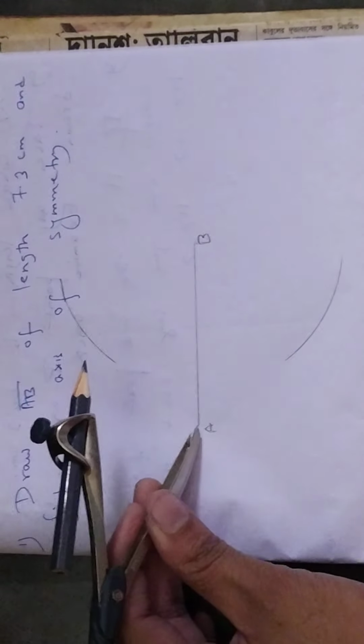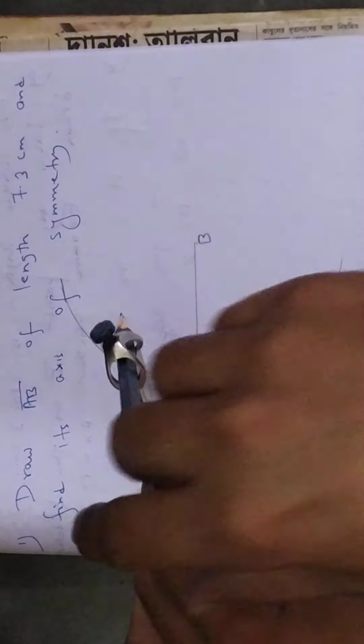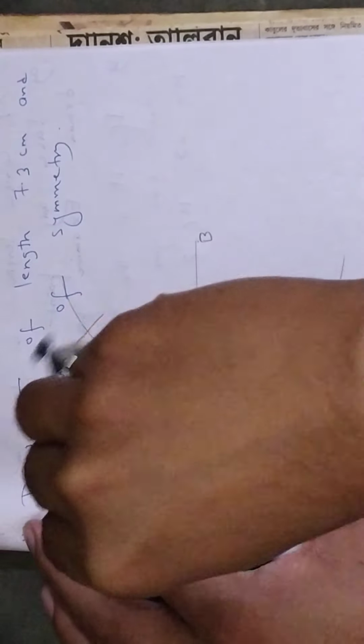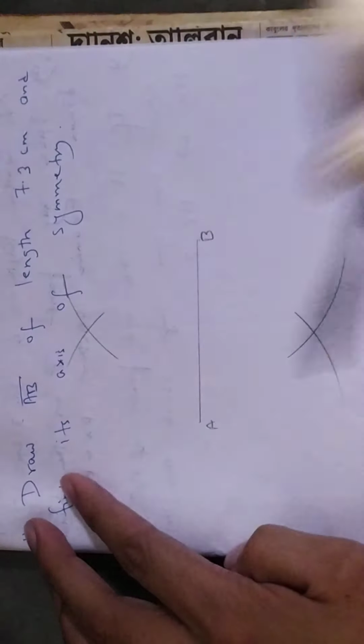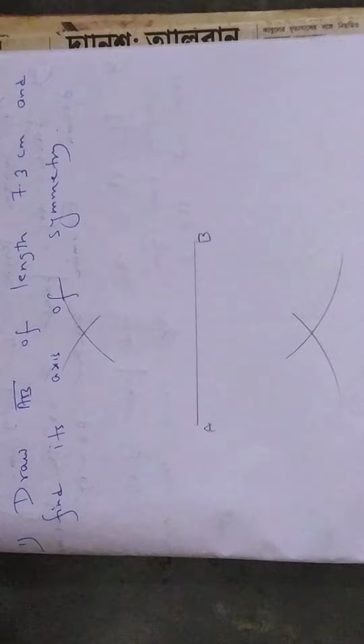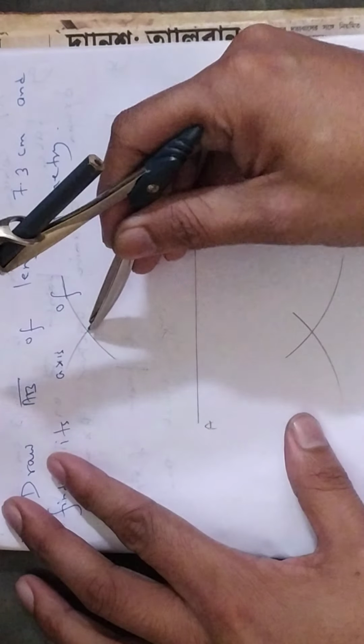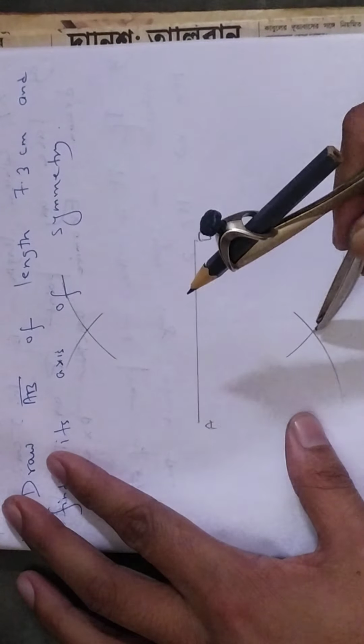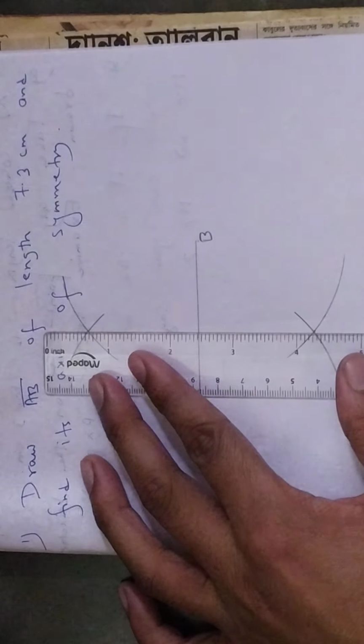Now again you have to put your compass at point A. Another arc and another arc, this one. So these two arcs are intersecting at this point and here, and you join these 2 points with the help of scale.